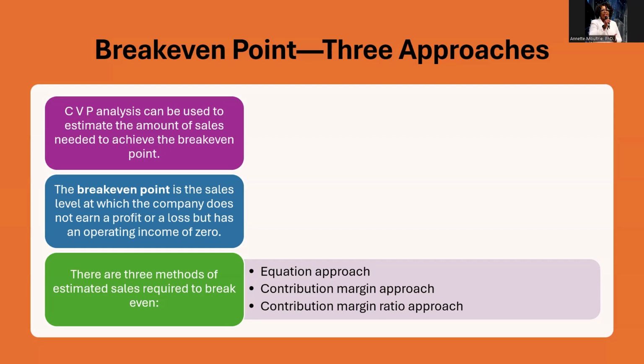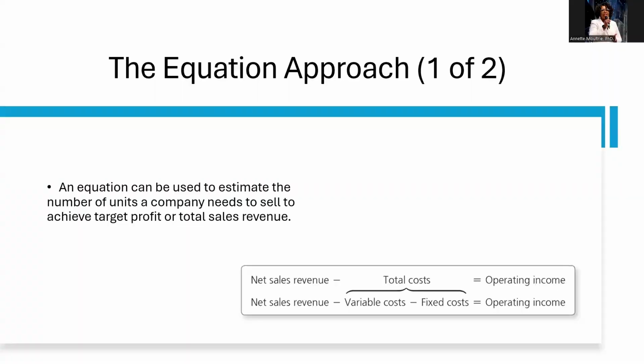Required sales can be expressed as either a number of units or as a total dollar figure. We're going to look at 3 methods of estimating sales required to break even: the equation approach, contribution margin approach, and the contribution margin ratio approach.